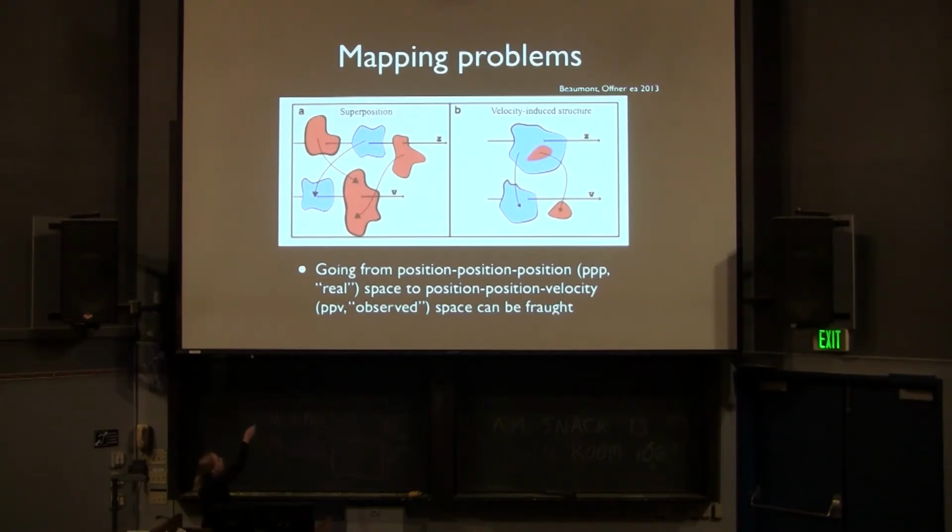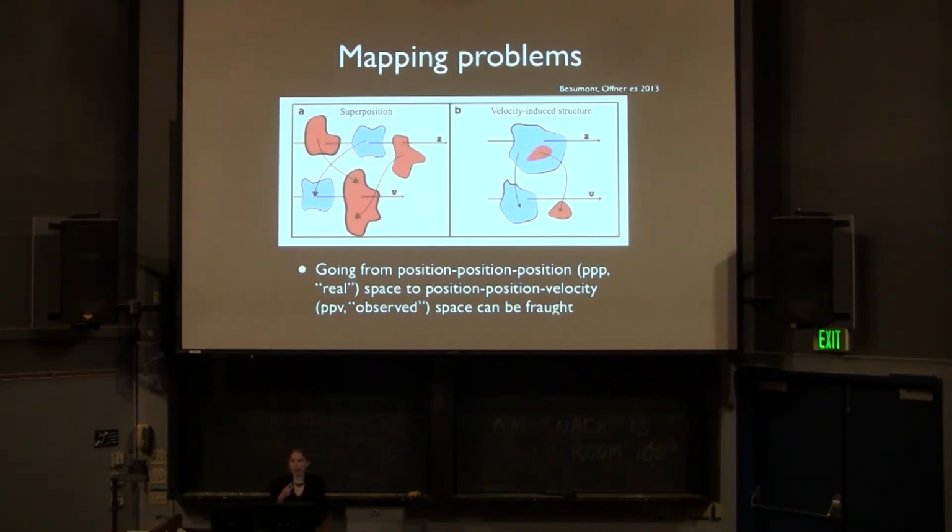So imagine if you have three different clumps here. These clumps along line of sight, two of them have the same velocity or very similar velocities. One of them has a different velocity. Then along the line of sight, when you do the translation from position along the line of sight to velocity, these two will get mapped to the same velocity space. So now you started with three different structures and you've ended up with two.